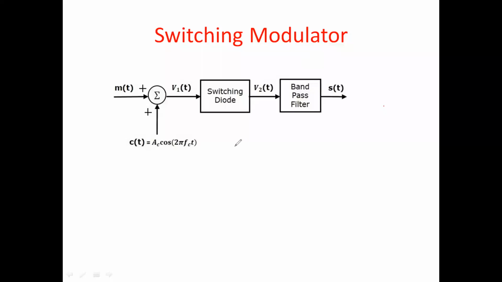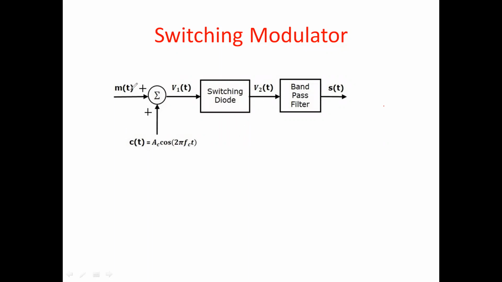Hello. Today we are going to see one of the important modulation techniques used in amplitude modulation, that is the switching modulator. The switching modulator consists of a non-linear device called a diode and a bandpass filter. The input to the non-linear device is the addition of your message signal and a carrier signal.